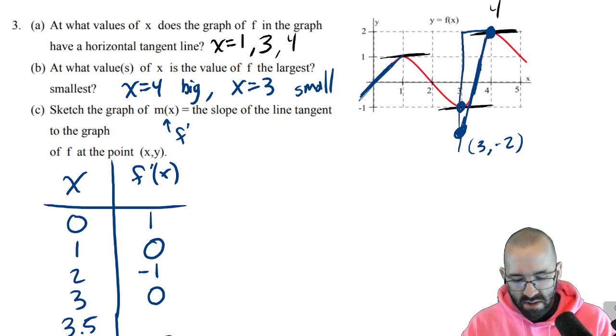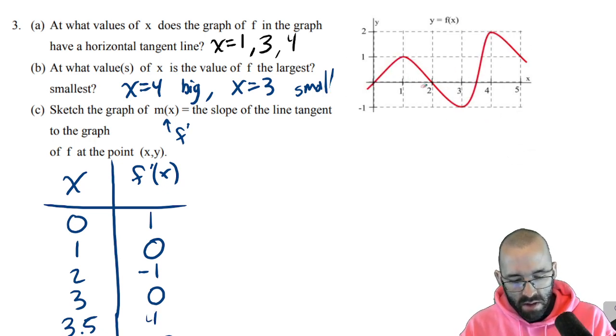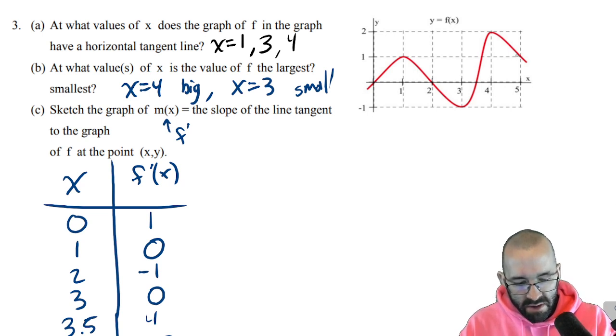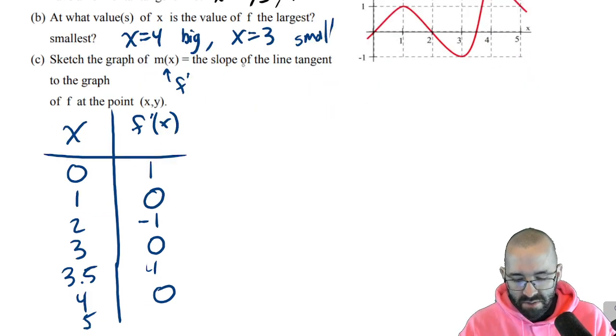Kind of like this. Let's say the slope is about 4. And lastly, at 5, again, it looks like that slope's that same -1, right? Because we're going down 1, right 1, roughly. We're just making approximations here.